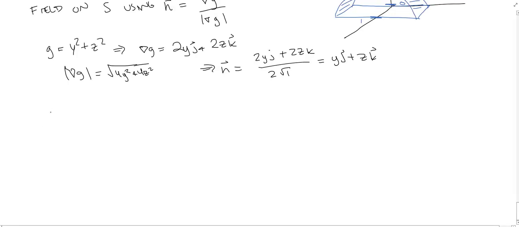Now for this integral, to compute the double integral over our surface of f dot n d sigma, we just found n, we were given f, but d sigma, we had this from the previous video.